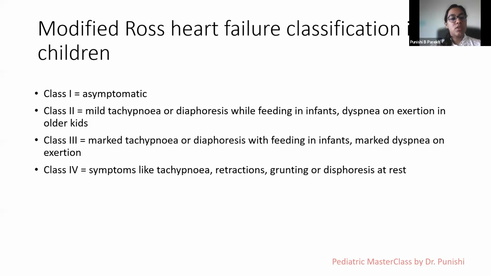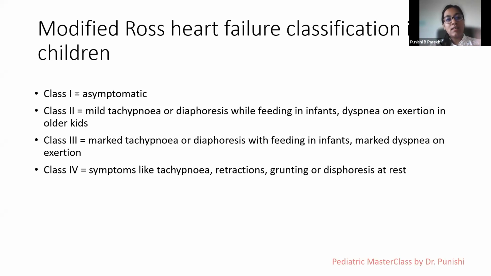Class 1 is usually asymptomatic. Class 3 is marked tachypnea or diaphoresis on feeding or exertion, and class 4 is symptoms even at rest. So this is known as the modified Ross heart failure classification that is supposed to be used in kids up to at least 7 years of age.